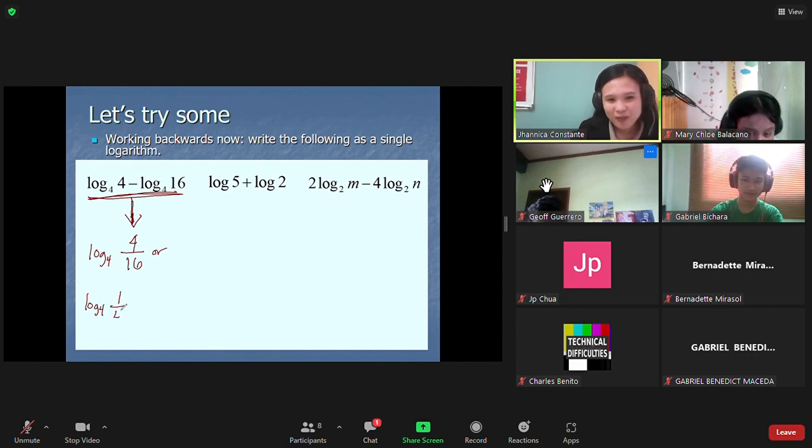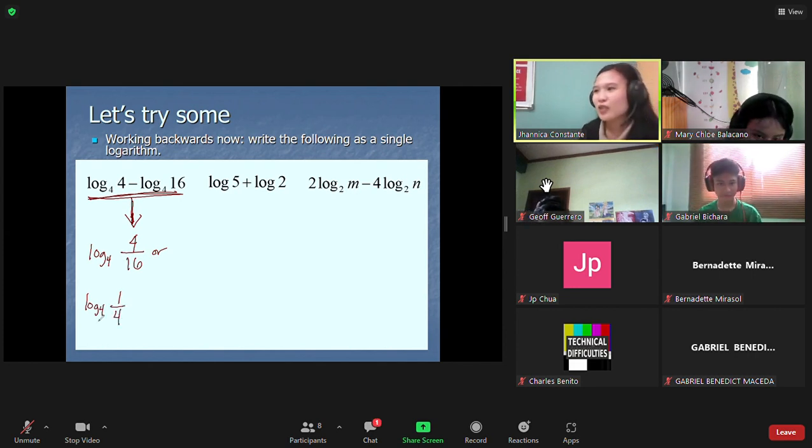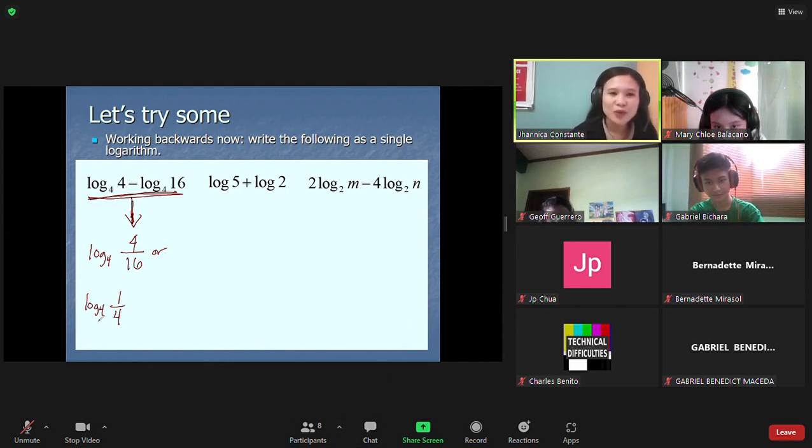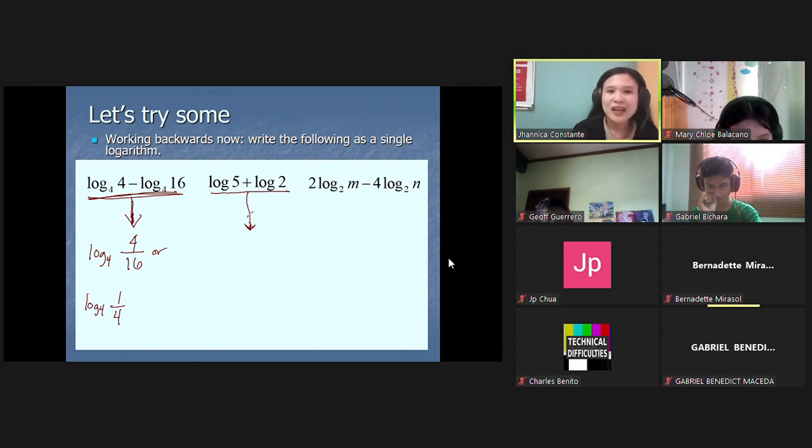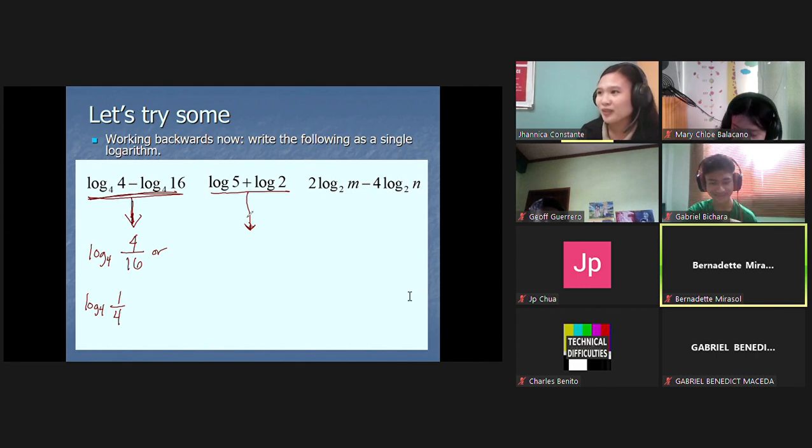So we have logarithmic 1/4 as the shortened form of the expanded logarithmic 4 minus logarithmic 16. What about this second function that we have? What will be the shortened function of the logarithmic 5 plus logarithmic 2?